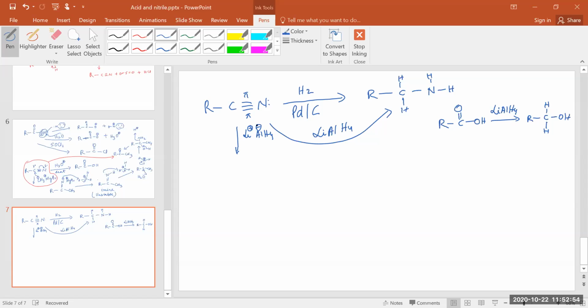So lithium is a kind of Lewis acid. First, what will happen? This nitrogen lone pair will act as a base and it will be protonated and form nitrogen plus. Okay. And in the next step, the aluminum, that's minus, is a very good hydride donor.